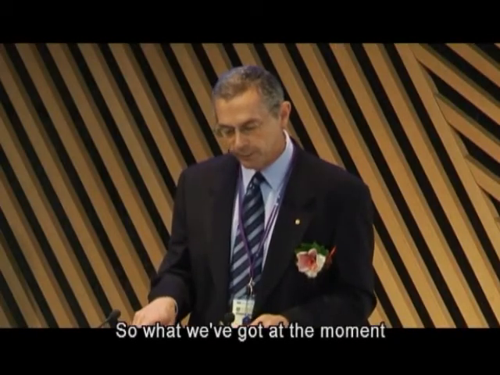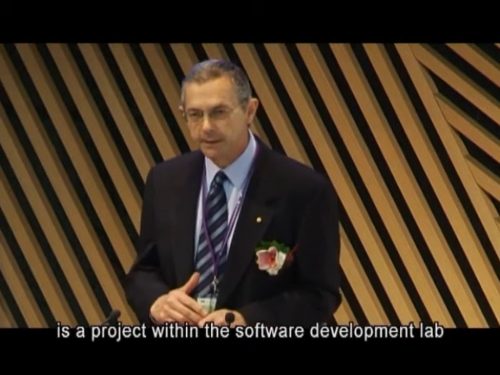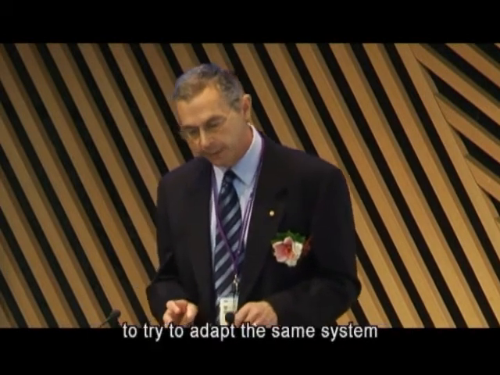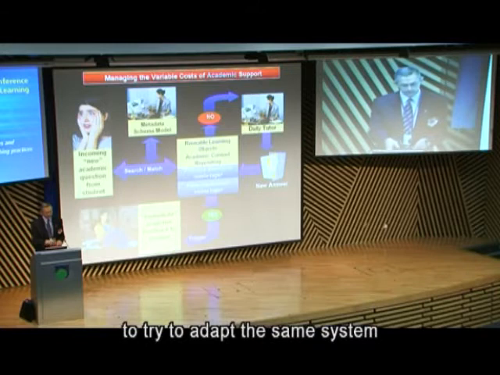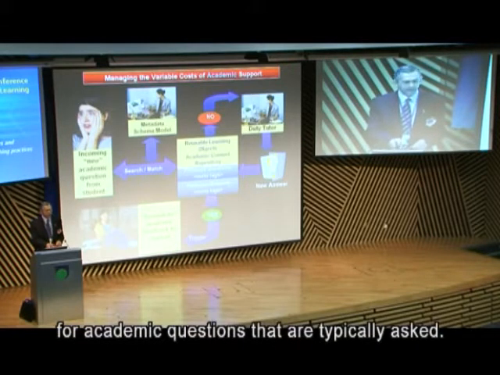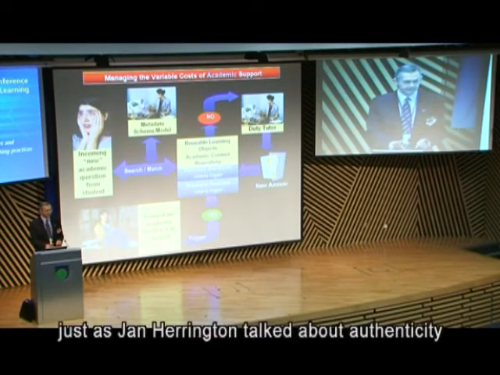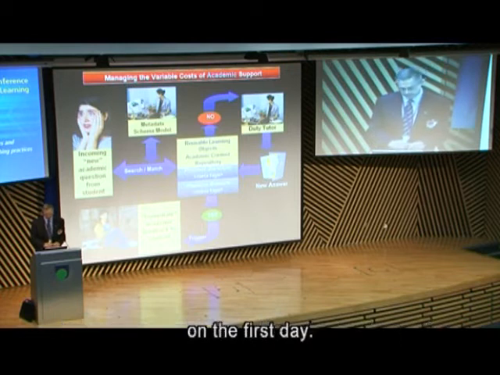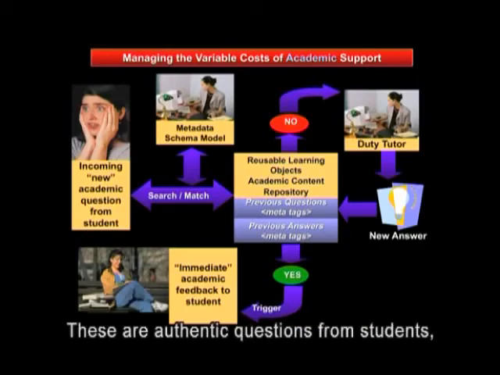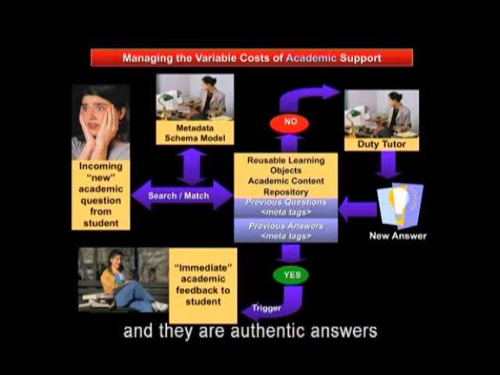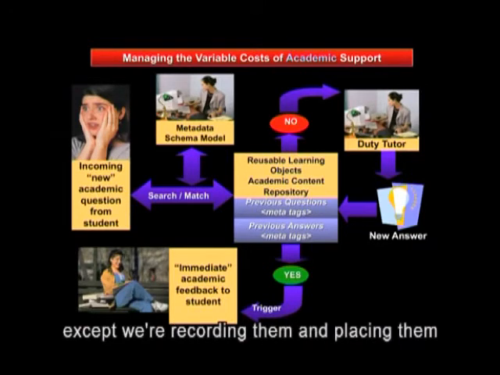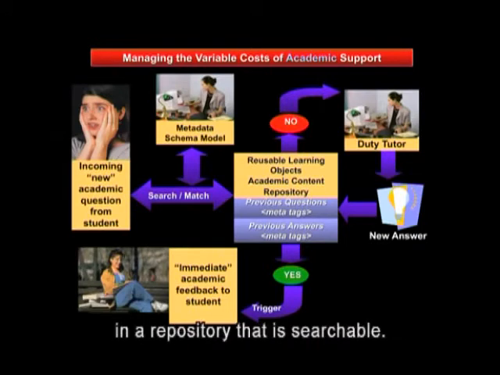So what we've got at the moment is a project within the software development lab to try and adapt the same system for academic questions that are typically asked. And they're based on authentic questions, just as Jan Harrington talked about authenticity in the first day. These are authentic questions from students, and they're authentic answers from academic staff, except that we're recording them and placing them in a repository that's searchable.